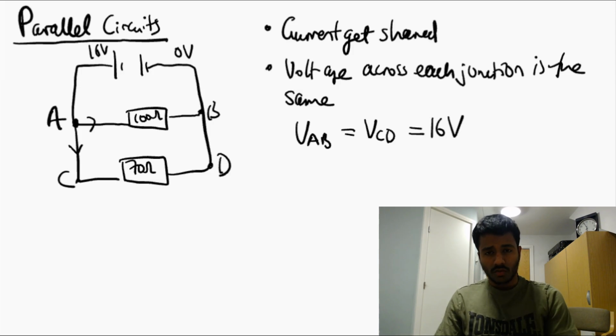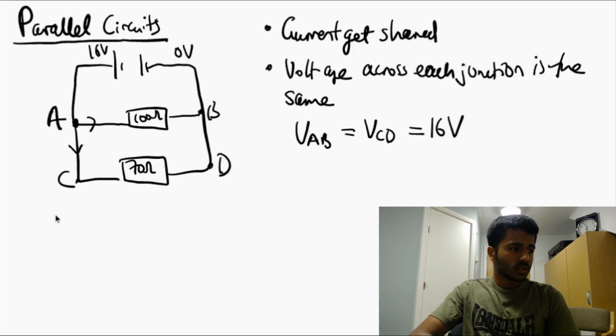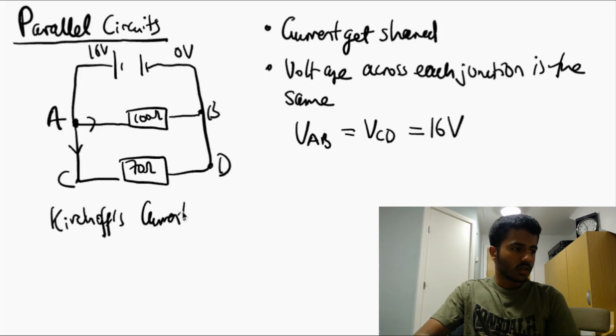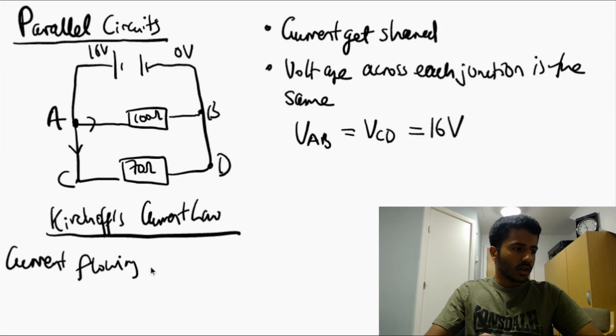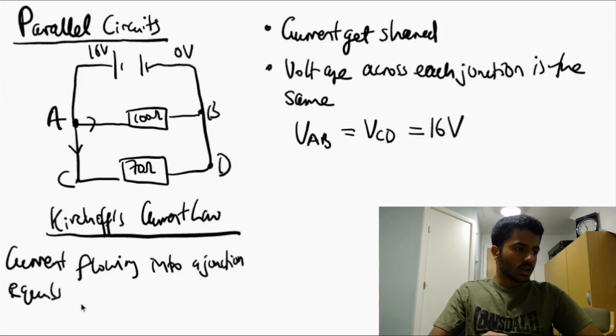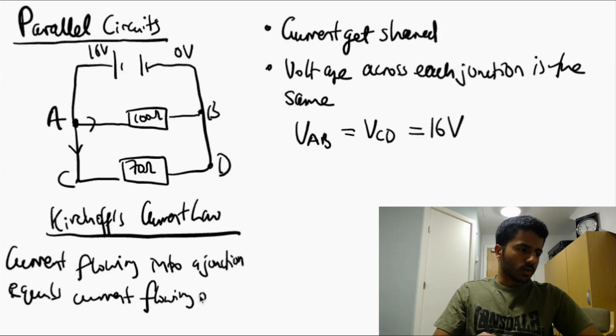Now there's a law of physics called Kirchhoff's current law. And it states that the current flowing into a junction is equal to the current flowing out of the junction.